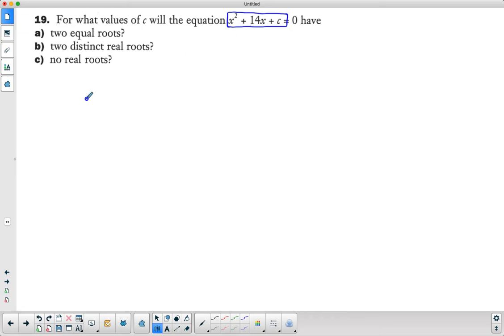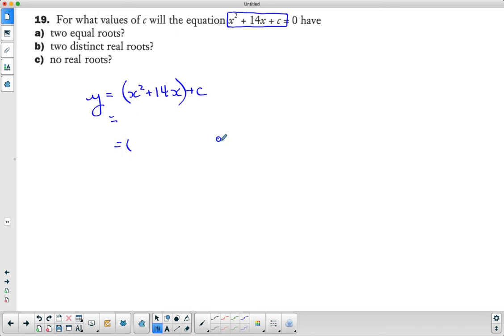So the parabola I'm looking at, to figure out whether it's going to cross the axis, is y equals x squared plus 14x plus c. And now I'm going to go about the process of completing the square. Put the brackets around the first 2 terms. If there was something in front of here, I would divide it out, but there isn't.